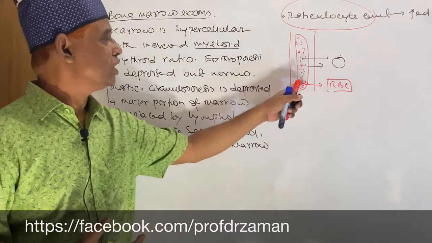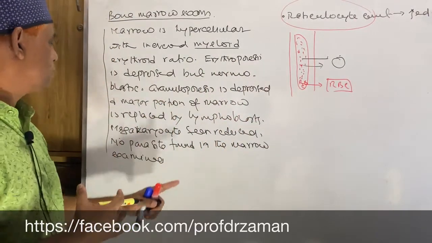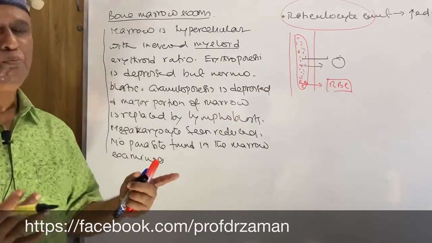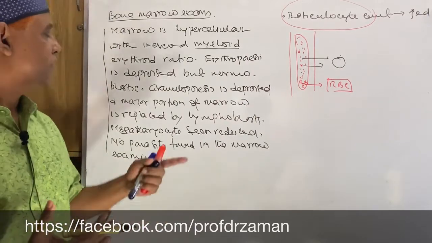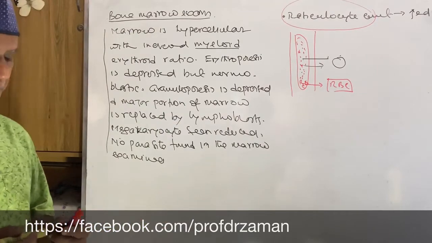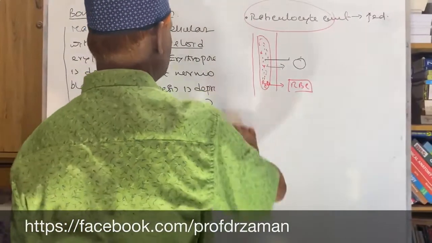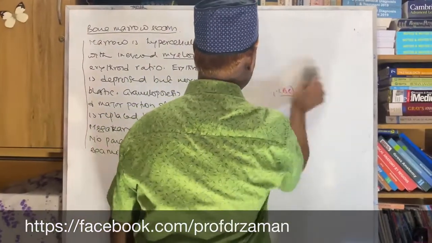As it is a cancer of the lymphoid series, granulopoiesis is depressed and a major portion of the marrow is replaced by immature lymphoid series cells, that is, by lymphoblasts, and megakaryocytes are seen reduced, no parasite found in the marrow examined. This is all about the bone marrow findings of acute lymphoblastic leukemia.